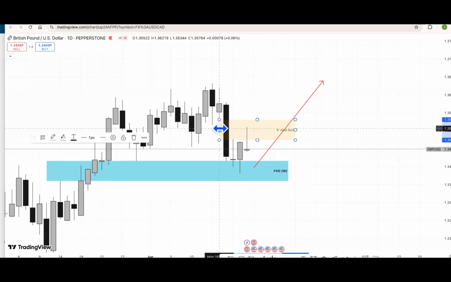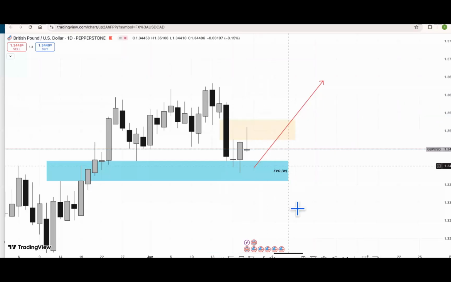Here at the moment we have this daily fair value gap, and for us to confirm the bullish price action, or to have a bullish bias, we want to see price violate this fair value gap and turn it into an inversion fair value gap. Then I'm anticipating that we might use it for support to push price further up. So that is for bullish.